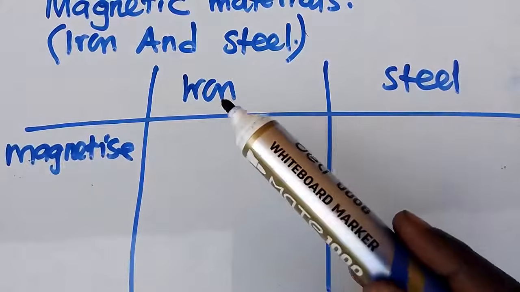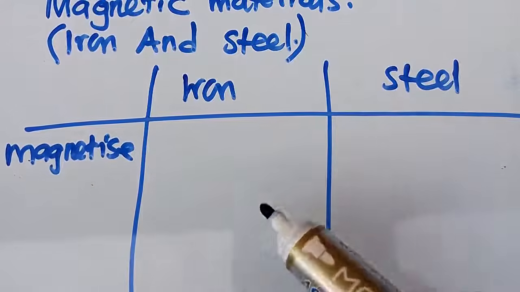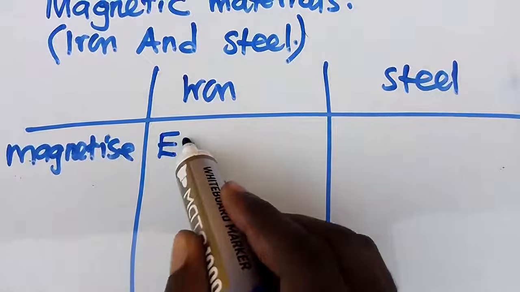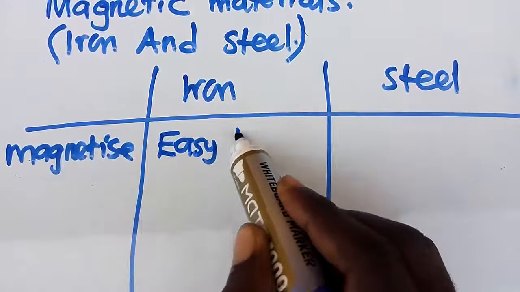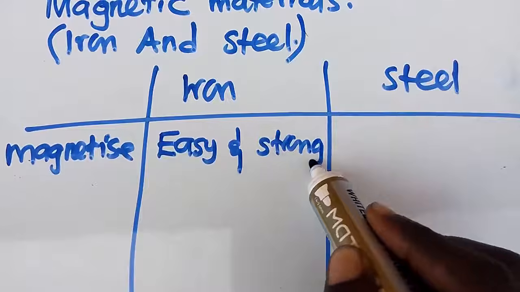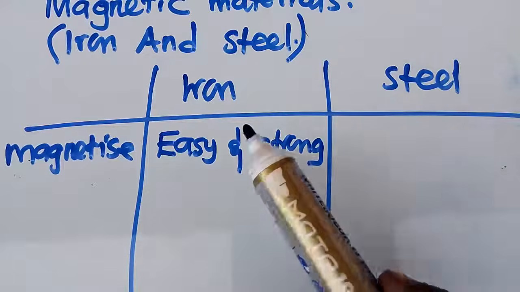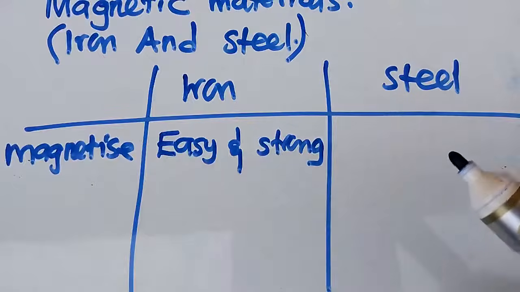When we are talking about iron, iron is easy and strong. You discover that we use iron in some transformers because it is easy to magnetize and strong.